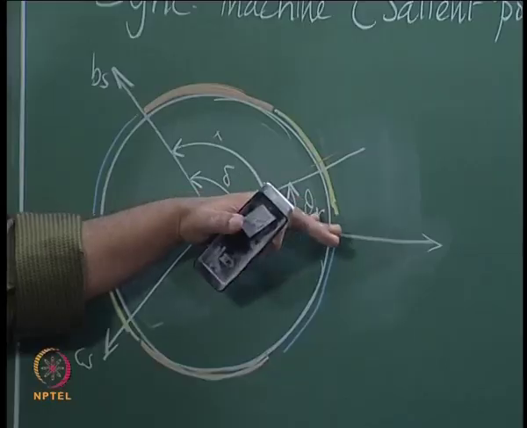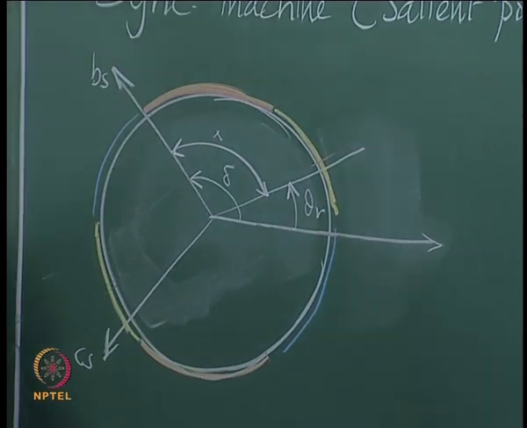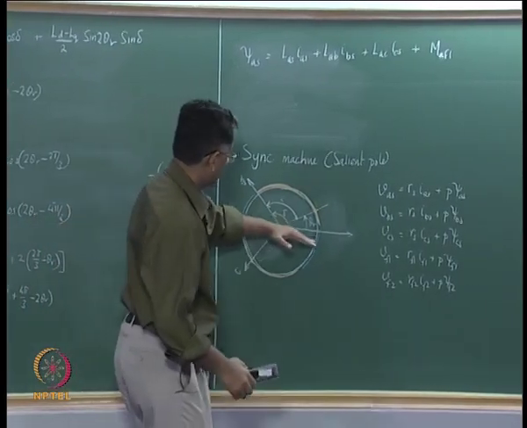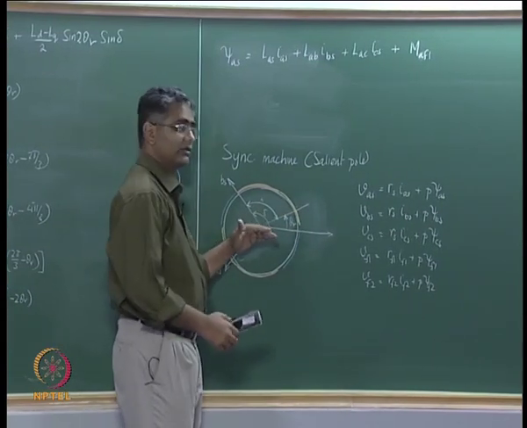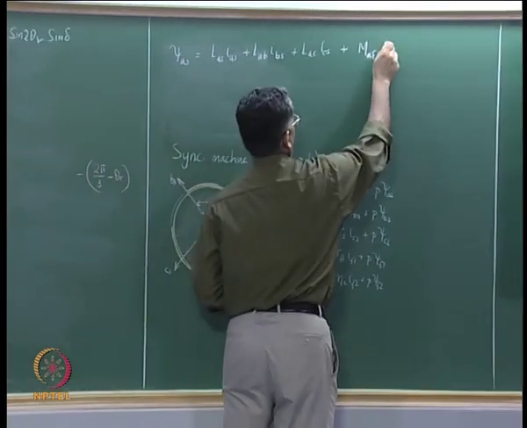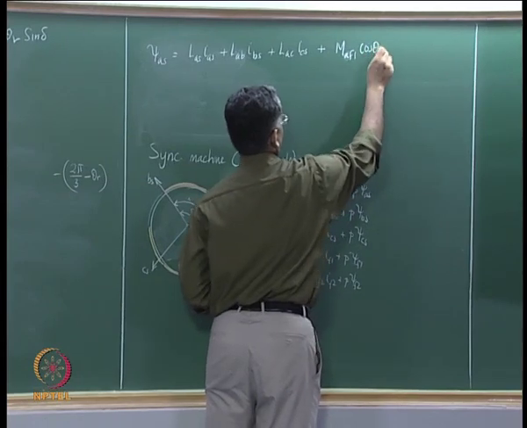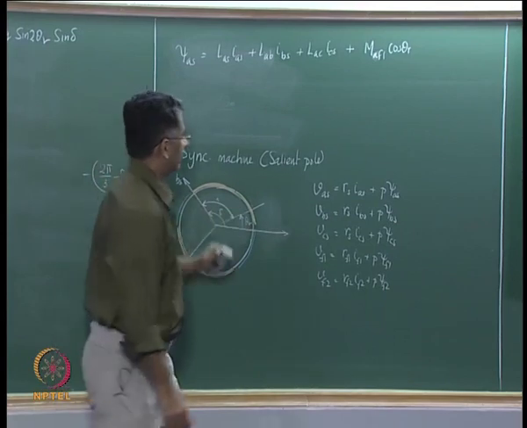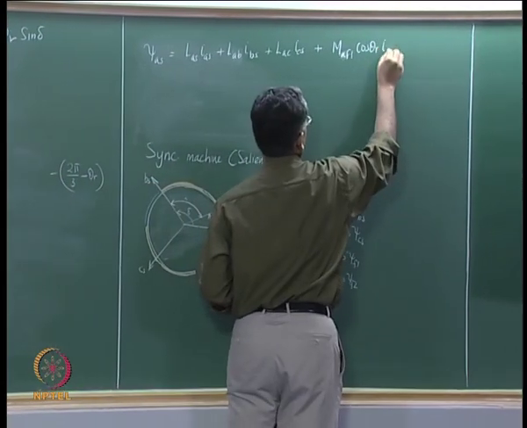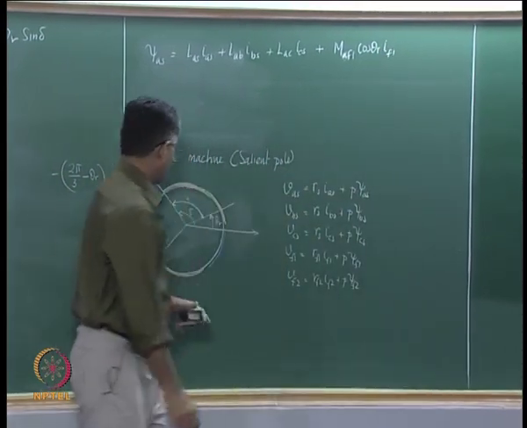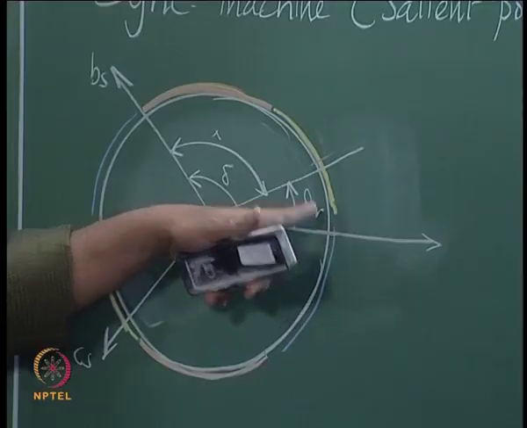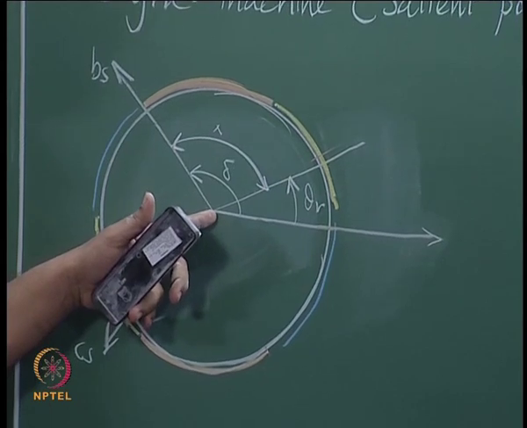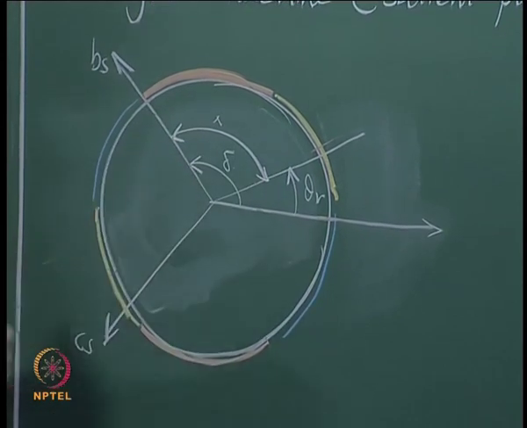If these two axes are aligned, then the mutual inductance of those two coils would become the highest, and as it goes out the mutual inductance will change as cos of theta r multiplied by the current flowing here, which is that of IF1, and then the mutual inductance between this winding and the winding which lies at an axis 90 degrees to that of theta r on the rotor.